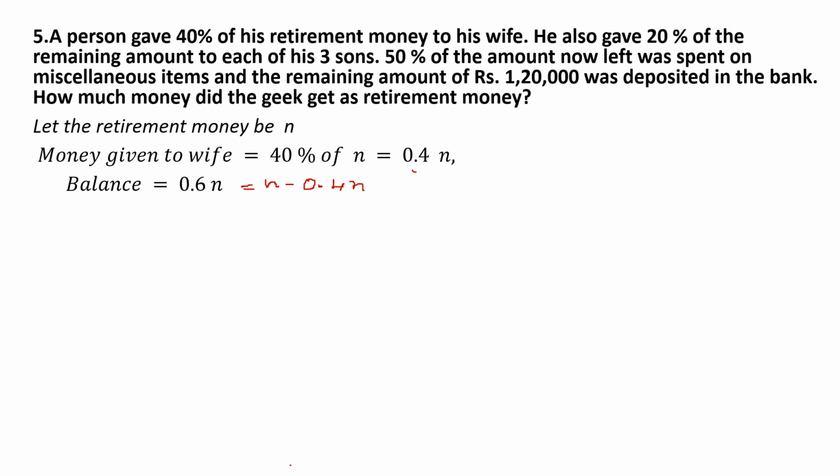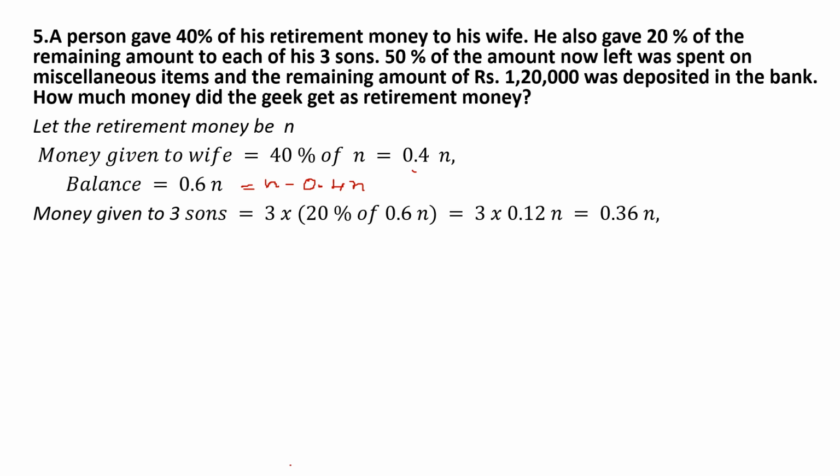Now 20% of the balance is given to each of the 3 sons. So it is 3 times 20% of 0.6n, because it is given to 3 sons. 20% of 0.6n is 0.12n, because 20% means 0.2, and 0.2 into 0.6 is 0.12.